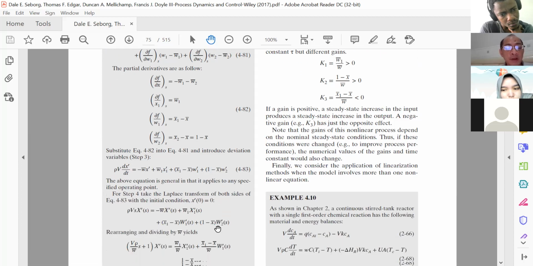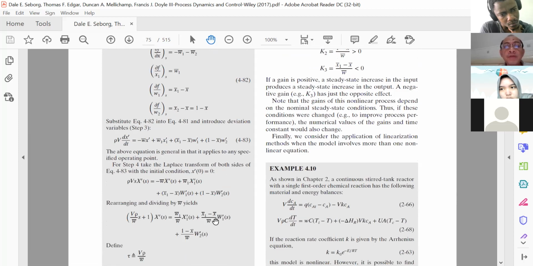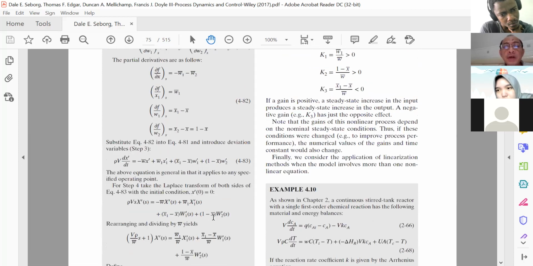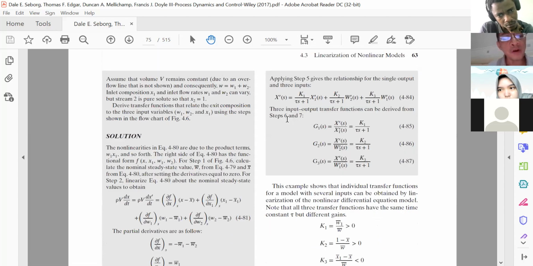And when you do that, you will have the Laplace transform of x prime of s equal to k1 over tau s plus 1 times x1 prime plus k2 over tau s plus 1 times w2 prime plus k3 over tau s plus 1 times w1 prime.